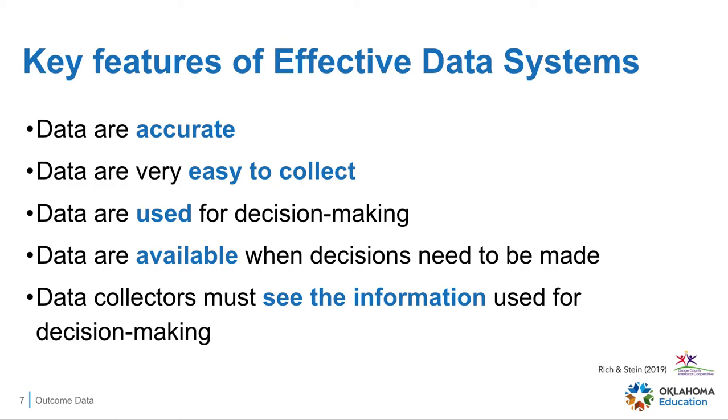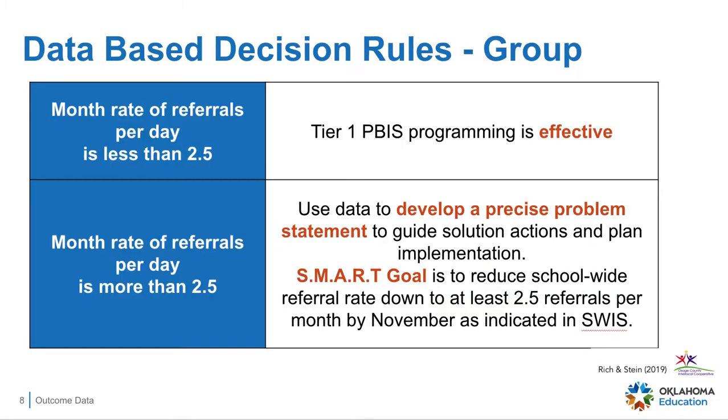For behavioral data, what kind of data should we collect? Direct observations, anecdotal records? But are these feasible for collecting across time and for many students? Often, school climate teams will identify decision rules to determine the effectiveness of PBIS and the school climate framework.